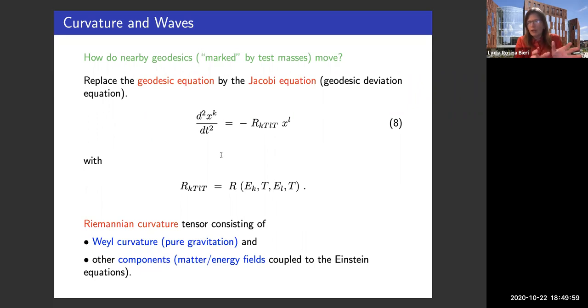I want to measure the change in space, and I have two derivatives, so you can think of it as an acceleration. On the right-hand side, I have the curvature. So basically the change delta x in the space of the test masses, how they move, with two derivatives in time, is governed by the Riemann curvature tensor.